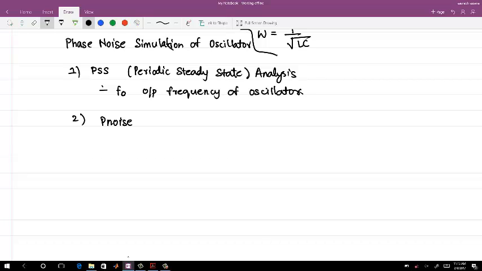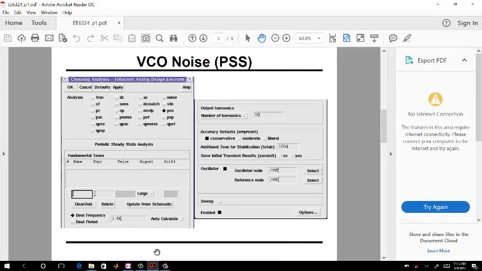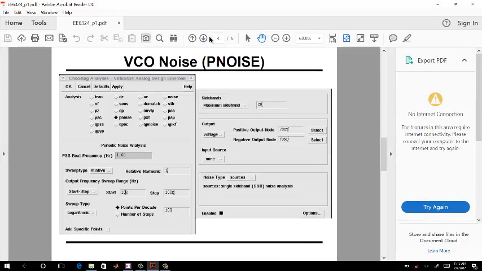This is the periodic noise analysis. In Spectre, for the p-noise analysis you need to give the beat frequency which you got from the PSS.